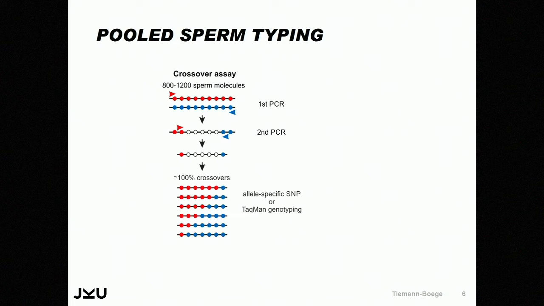The nice thing about pooled sperm typing is that you can assay crossovers, and if you do enough reactions, you can count where your breakpoint was. So basically you have a bunch of informative polymorphisms that tell you whether you're mom or dad, and you can use that information to see where the crossover breakpoints are and fit a Gaussian and say, okay, this is the recombination center or the recombination hotspot.